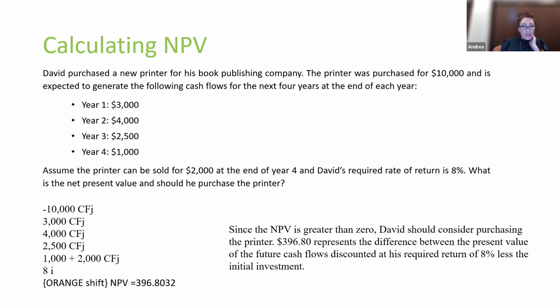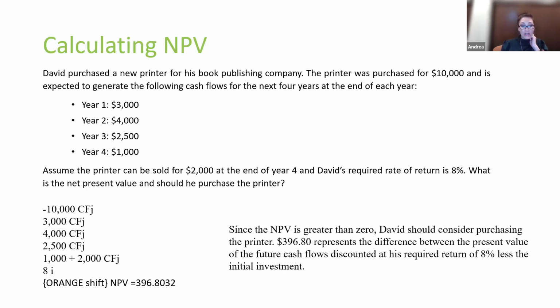In year 1, he is receiving $3,000. So you hit 3,000 and just hit CFJ. That's your first cash flow. In year 2, he's getting 4,000, so you hit 4,000 CFJ, and it tells you that's cash flow 2. In year 3, he's receiving $2,500 CFJ.